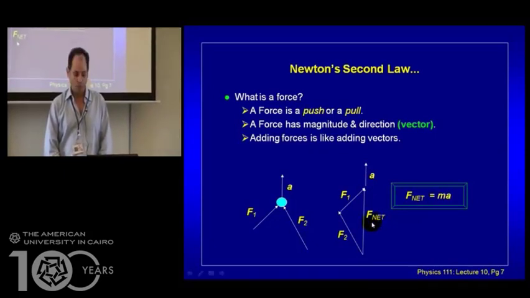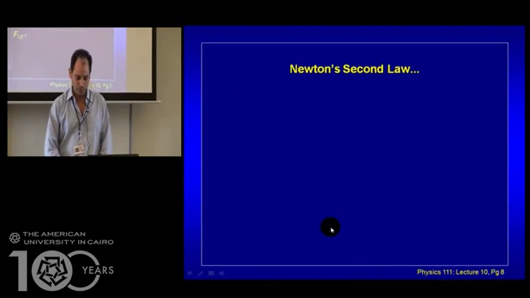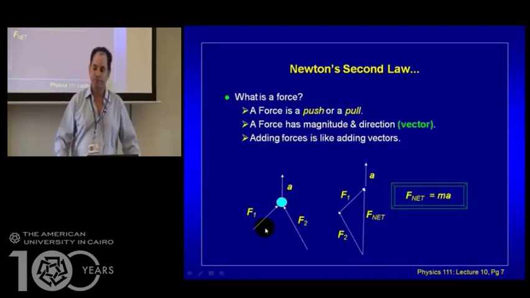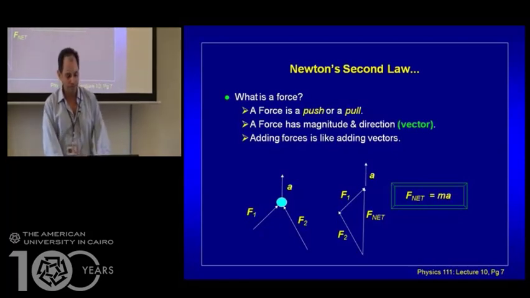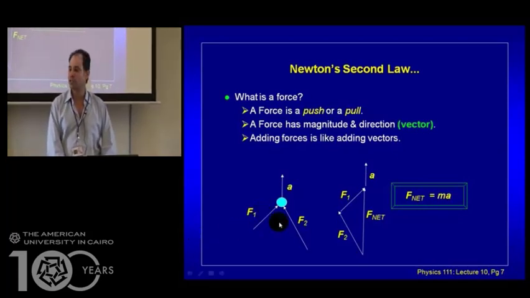Mathematically, we should first draw our coordinate system, find out what our x coordinate and y coordinate are, then resolve those two forces on the x and y axes and add them as i and j components.